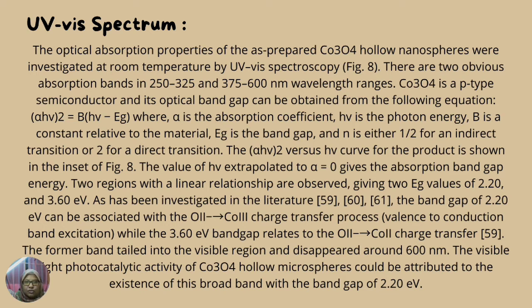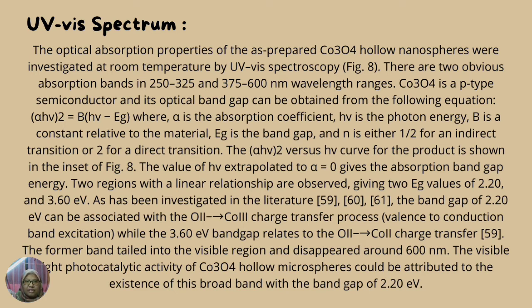So the (αhν)^2 versus hν curve for the product is shown in the inset of the figure. The value of hν extrapolated to α equal to 0 gives the absorption band gap energy. Two regions with a linear relationship are observed, giving two Eg values of 2.2 and 3.6 eV.